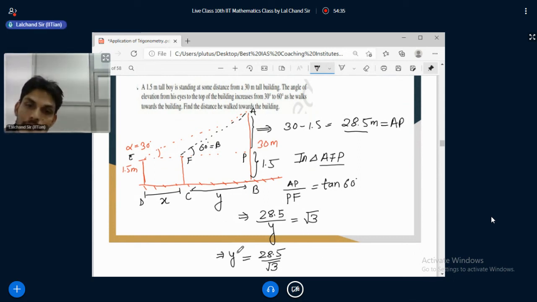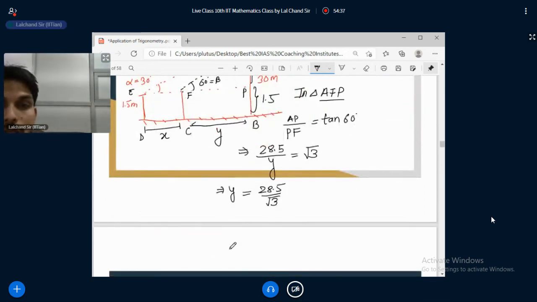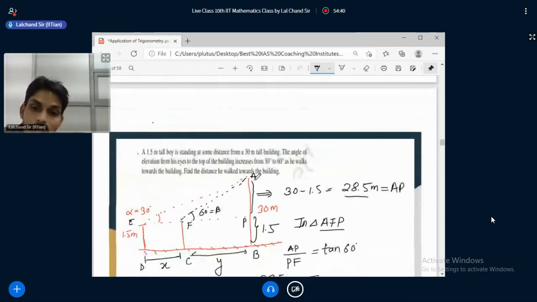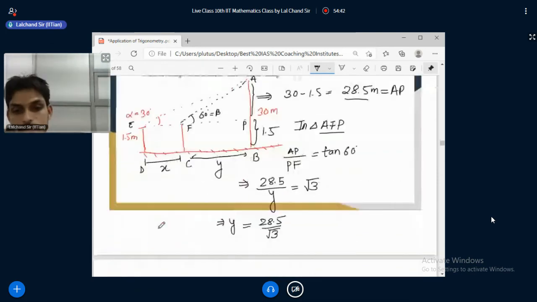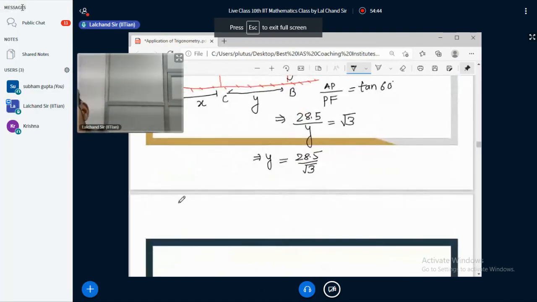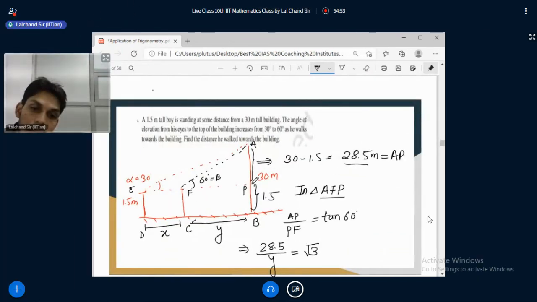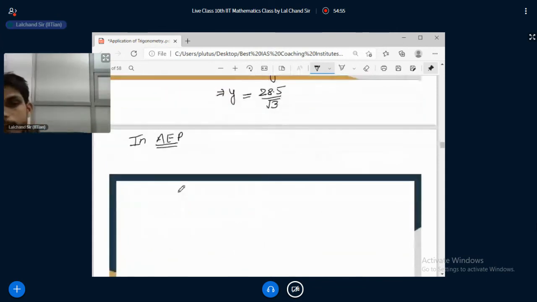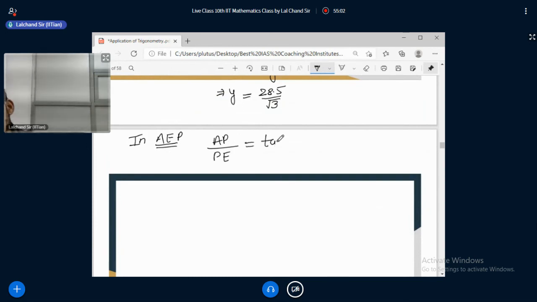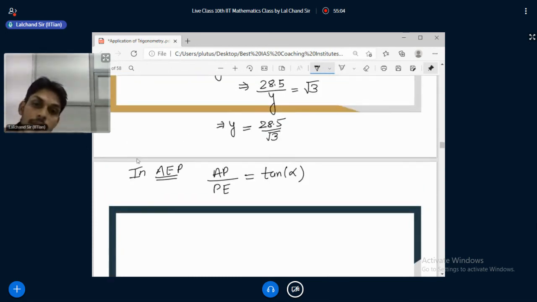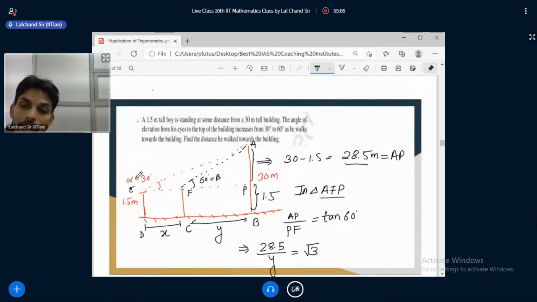Okay. So if we consider this triangle AEP, so in triangle AEP, okay, if we look at AP divided by PE, that is equal to tan of alpha, because this angle we have considered alpha.